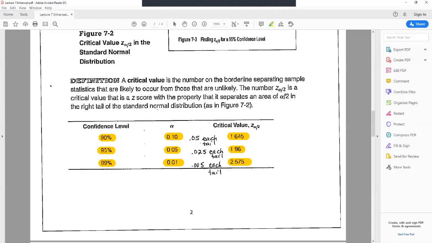Now remember, when we do the tail regions, confidence levels always have two tails, and we always split the alpha level in half. So if you have a 10% alpha level, you would have 5% in each tail. If you have a 5% alpha level, then you will have 2.5% in each tail. And if you have a 1% alpha level, then each tail would be 0.005.